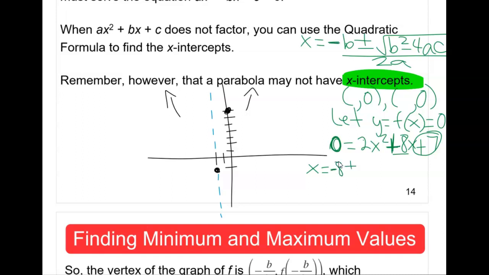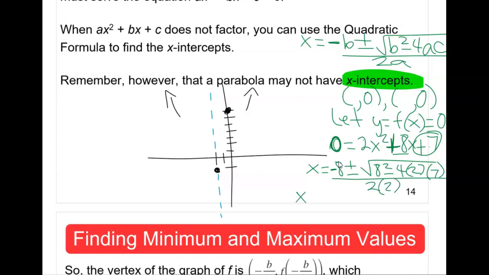And then plus minus square root, b squared will be 8 squared. Then minus 4 times a, which is 2, times c, which is 7. Everything divided by 2a, so 2 times 2.